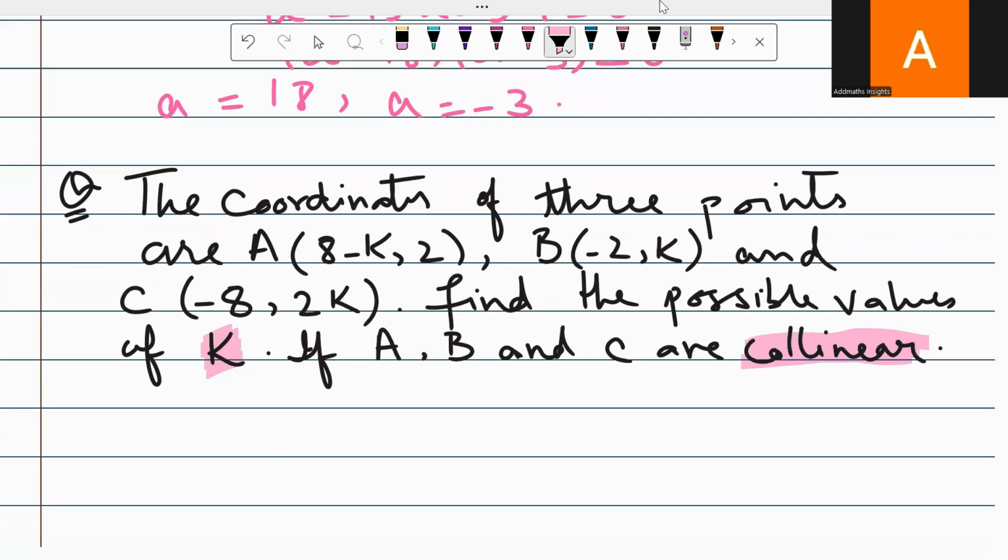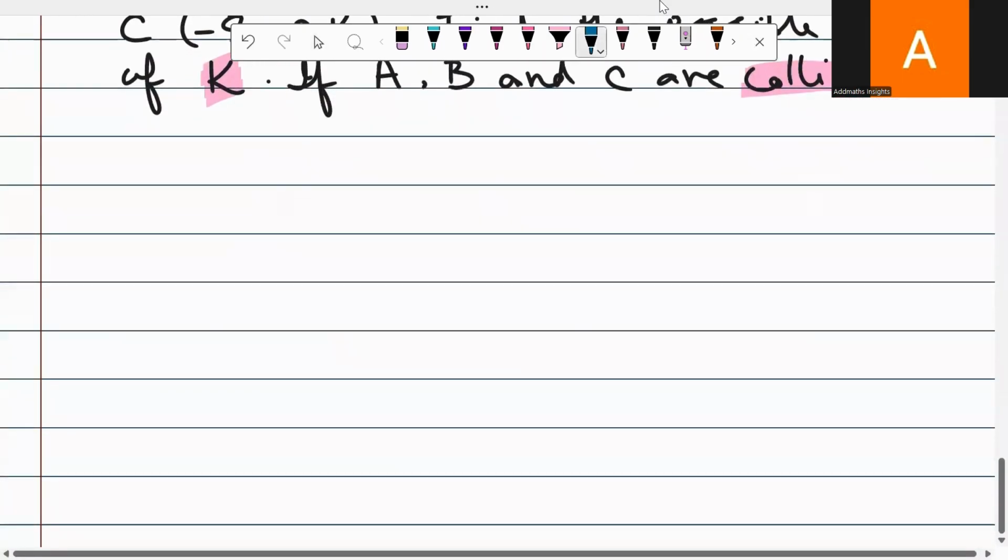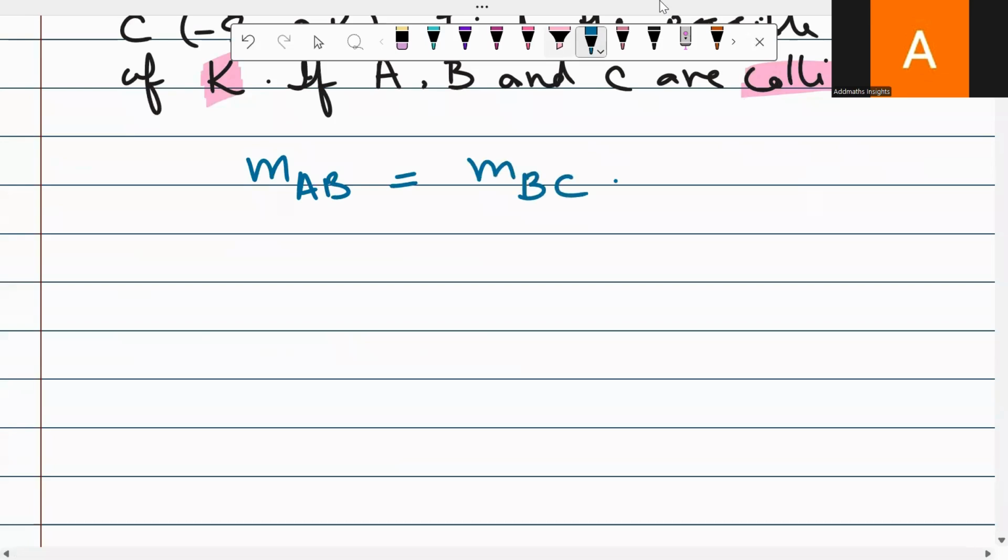So we apply the condition. The gradient of line AB is equal to the gradient of line BC. You may also write that the gradient of line AC is equal to BC, or AC equals AB. Even then you are going to get the same answer.